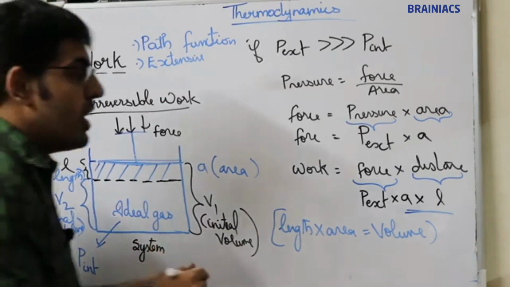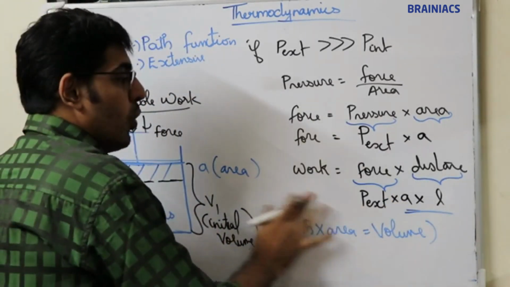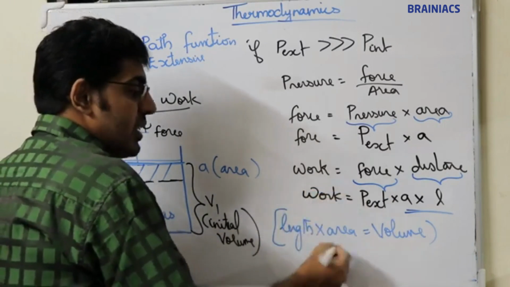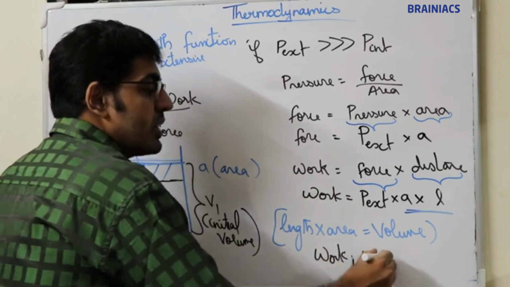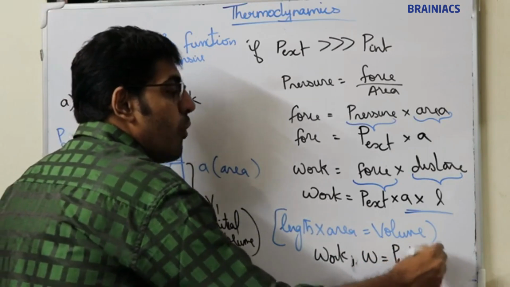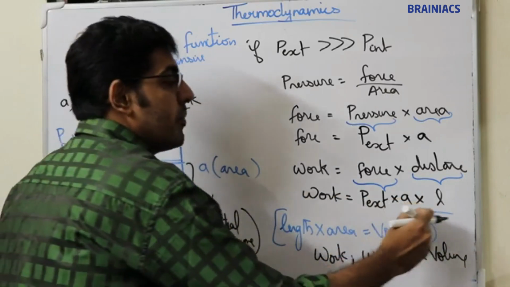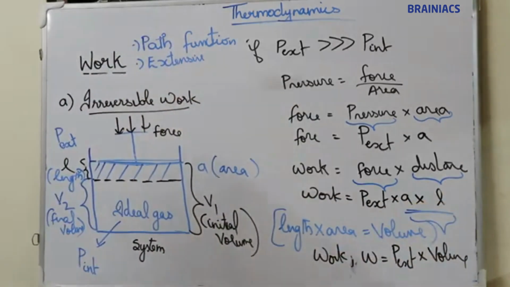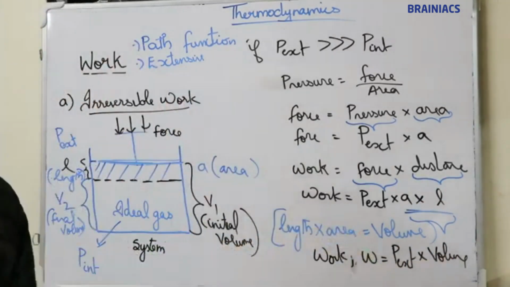So instead of A into L, you can write volume. Work, W, is equal to P external into volume, because area into length is volume. I think it's clear till here.